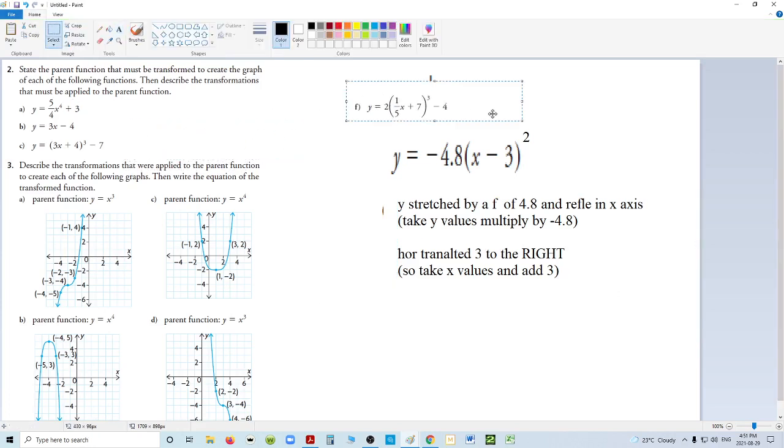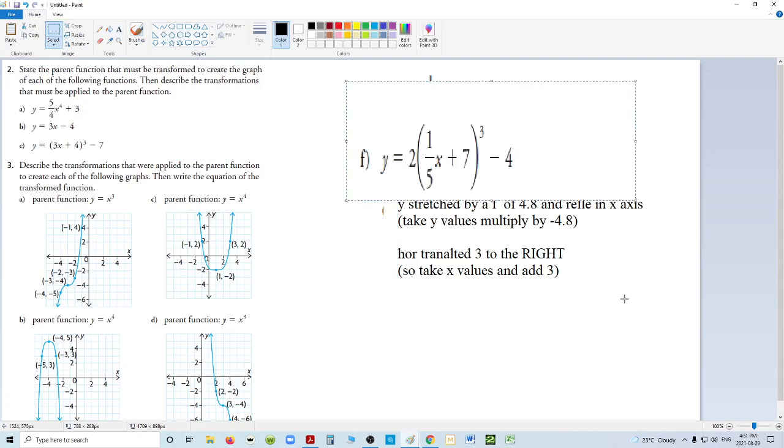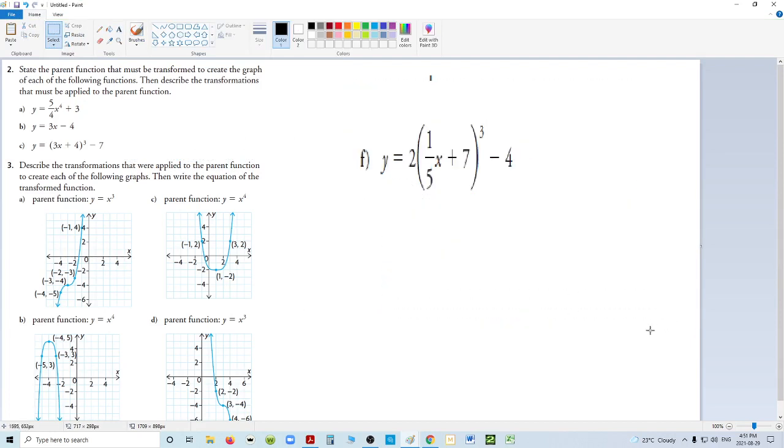Now this one is getting tricky because notice it's not correctly factored. So that means I have to divide everything inside that bracket by 1/5. And what is 7 over 1 essentially, divided by 1 over 5?